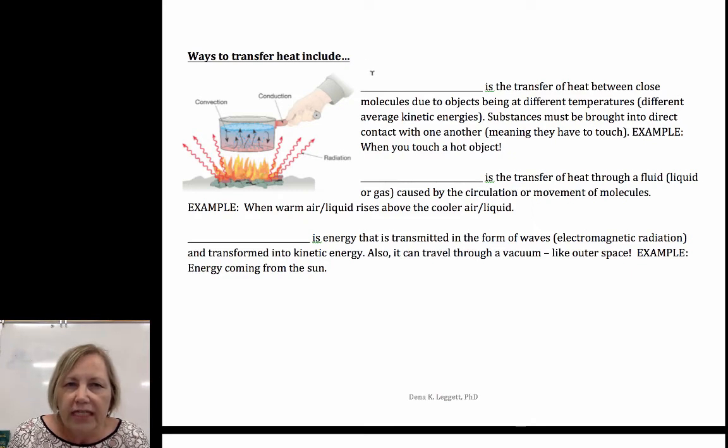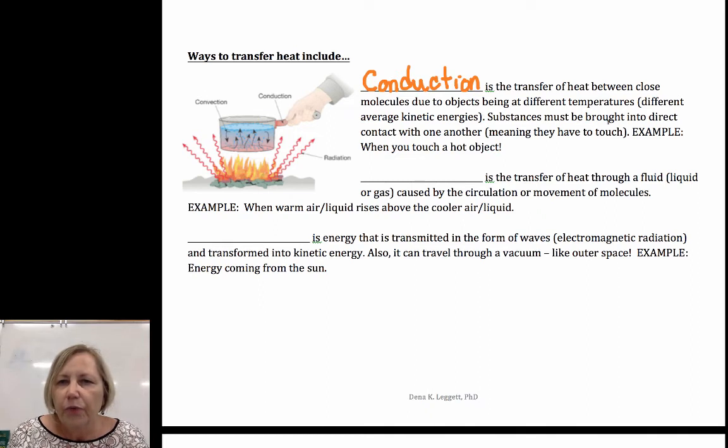And the first is conduction. In conduction, you have direct contact. Okay, so they're brought into direct contact with one another. They're touching. So if you grab a beaker that's hot, and by the way, in our lab, you won't be getting glass hot enough to see its color change.